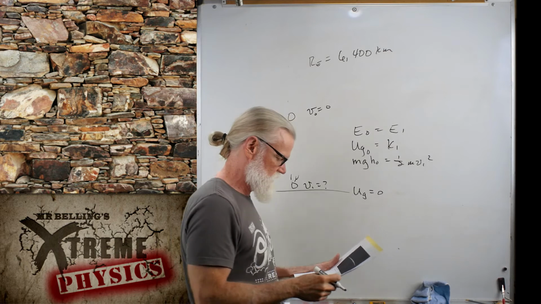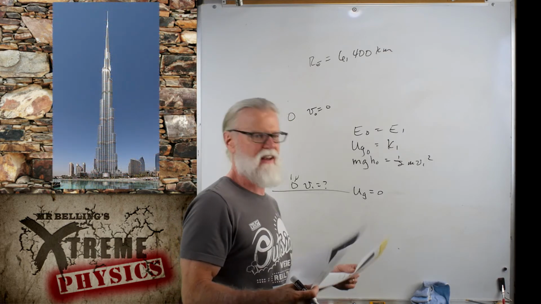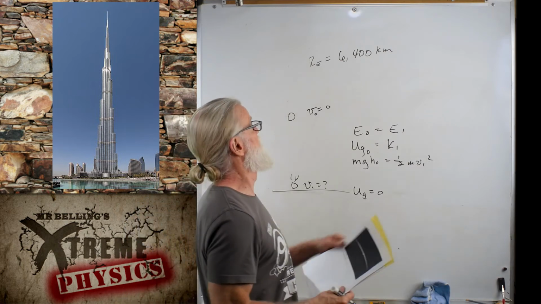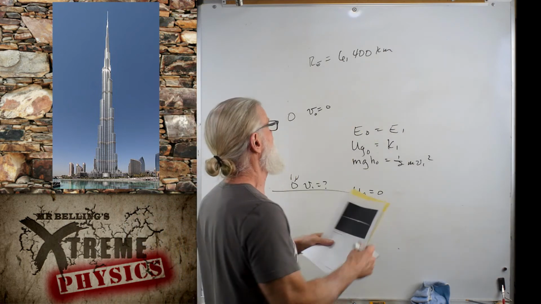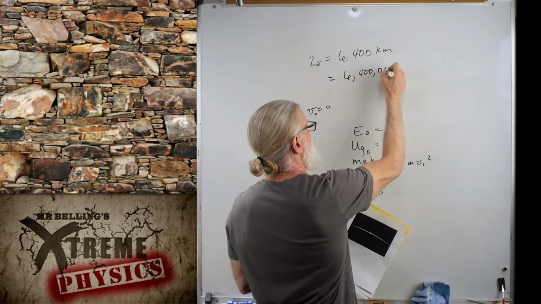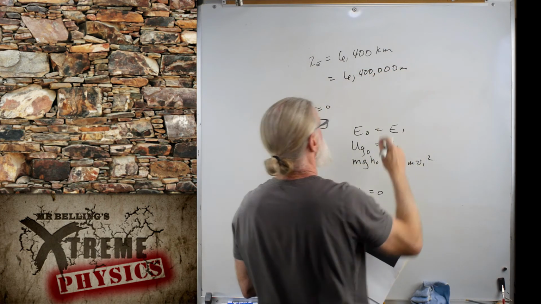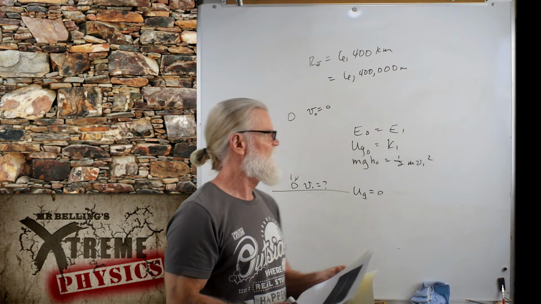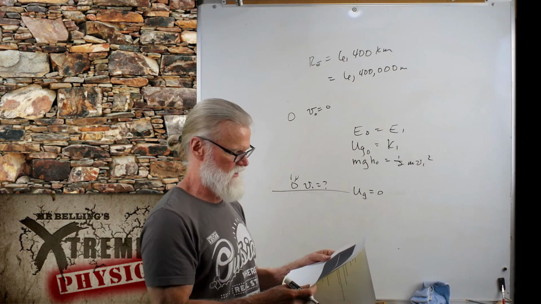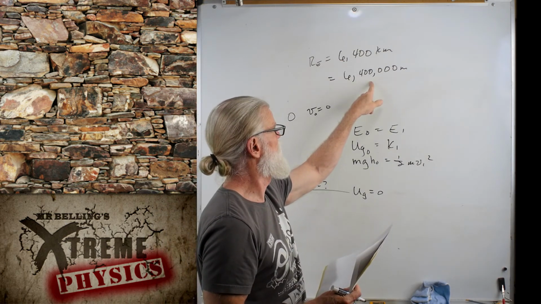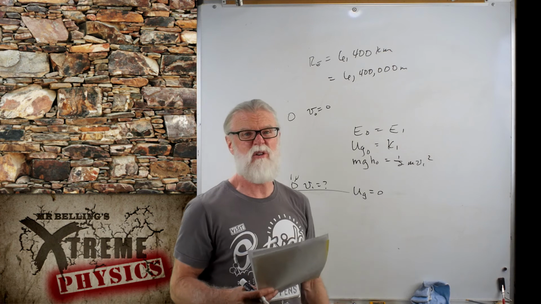Now, what's the tallest building on Earth? 830 meters, which is impressive, but it's nothing compared to that. Let's get this in meters. The tallest building in the world is only 830 meters. The height of Mount Everest is 9,000 meters. Again, nothing compared to 6,400,000 meters.